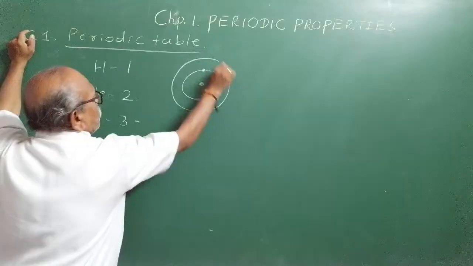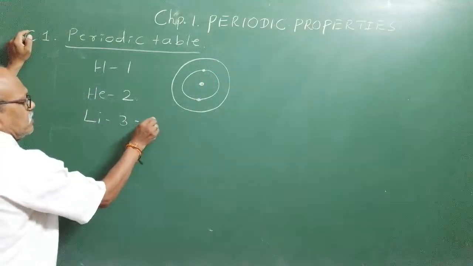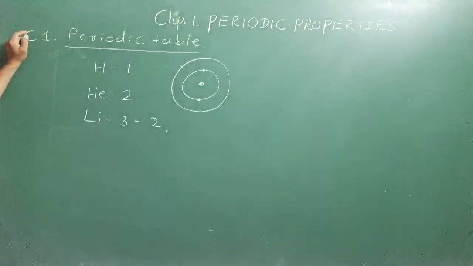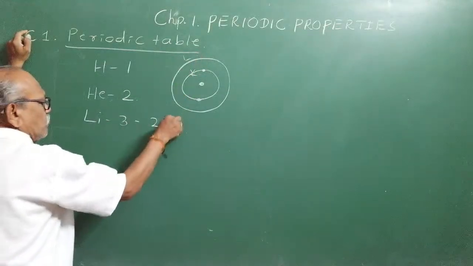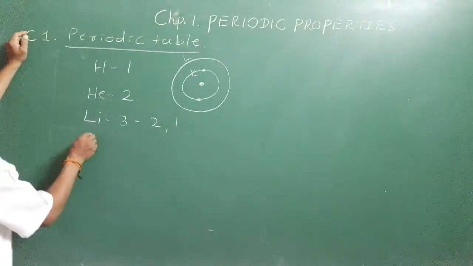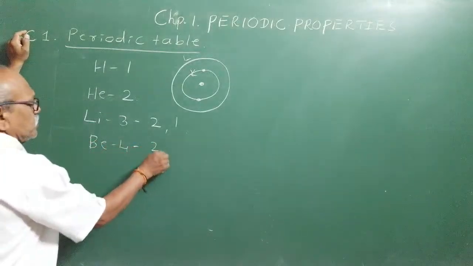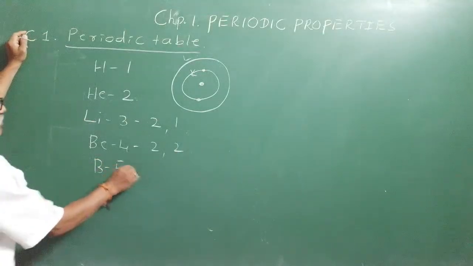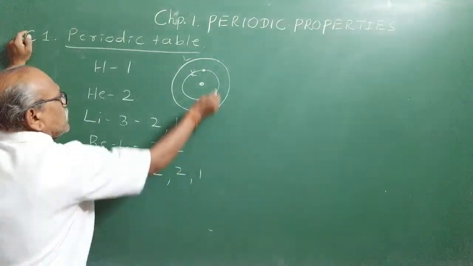The K shell can accommodate a maximum of 2 electrons, so the next electron enters the L shell. Lithium is written as 2, 1. The atomic number of beryllium is 4, so its configuration is 2, 2. The atomic number of boron is 5, so it is written as 2, 3.